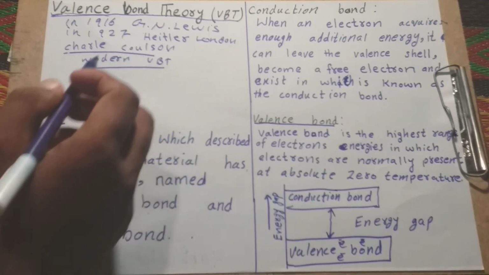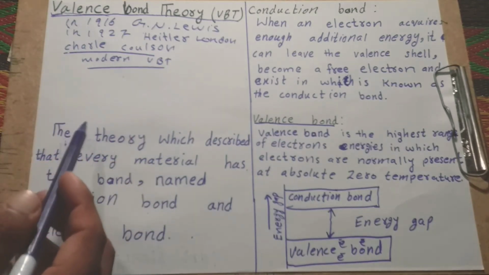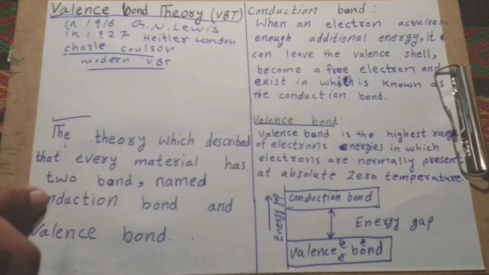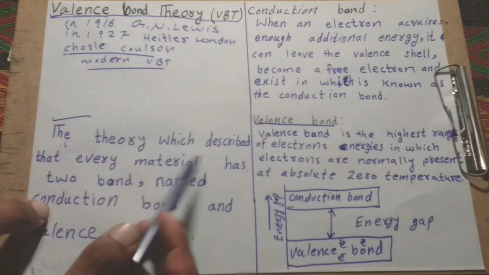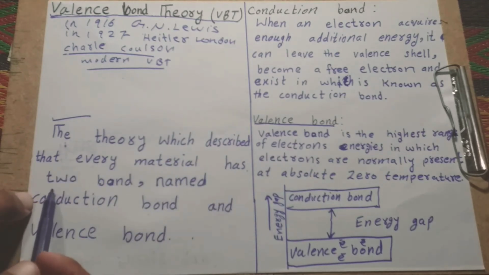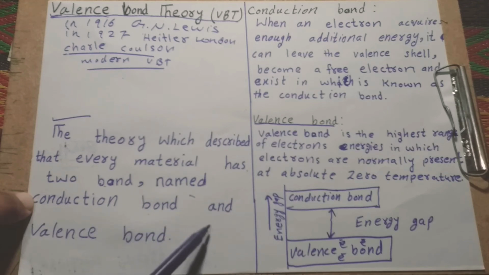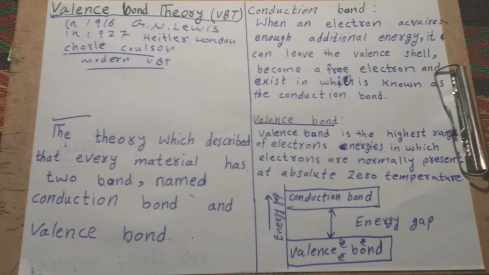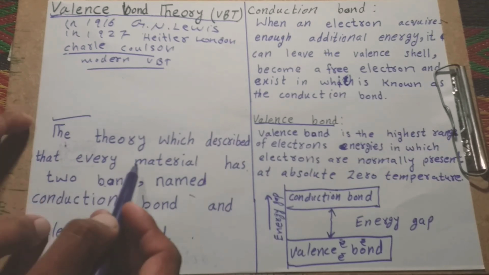But now we define valence bond theory in the way of electronics. What is valence bond theory in electronics? The theory which describes that every material has two bands, named conduction band and valence band. We explain the material under the valence bond theory in terms of conduction band and valence band.